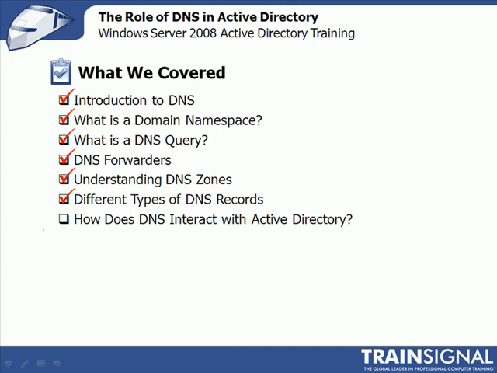We talked about the different types of DNS records, and to be specific, SRV resource records are the ones that allow DNS to interact with Active Directory, and really, I should say, allow Active Directory to function.